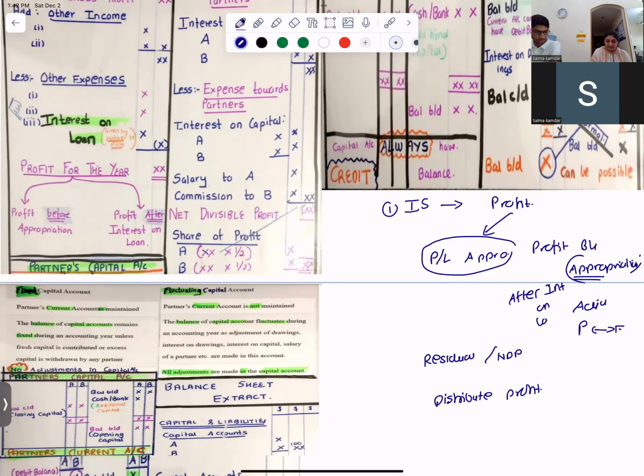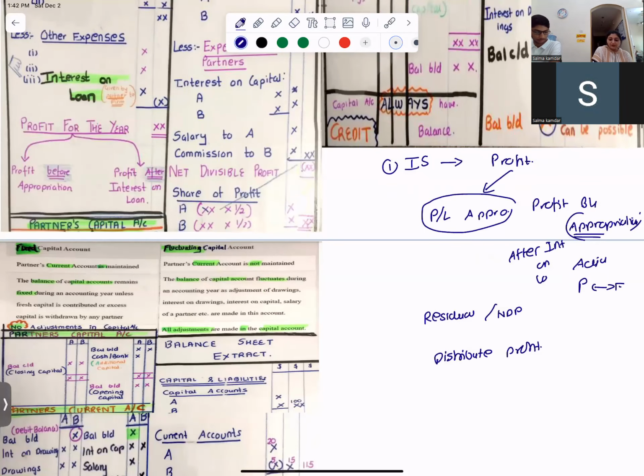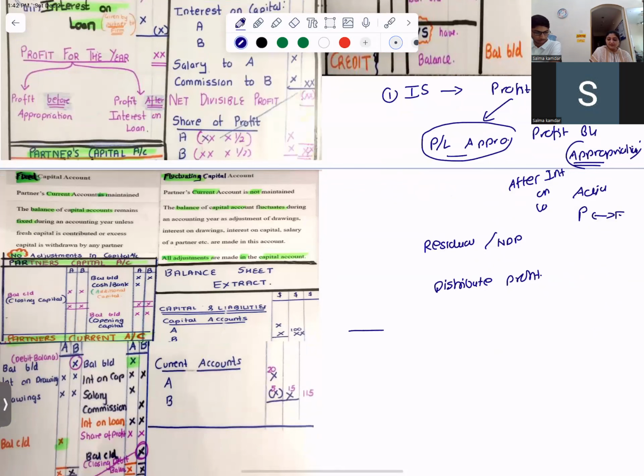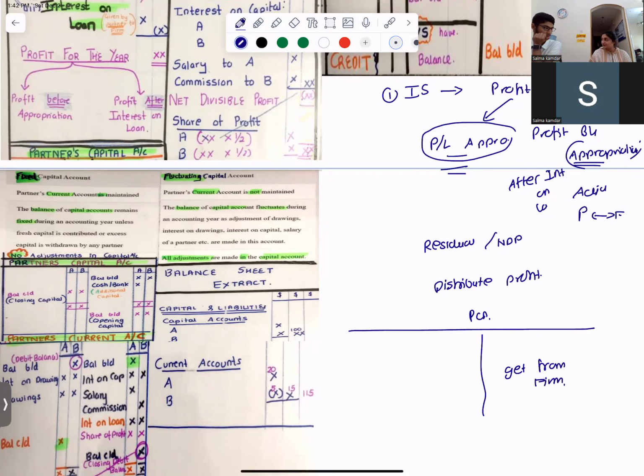Now let's see. You prepare the profit and loss appropriation account and the partners' capital account together. Whatever the partner will get from the firm will come on the credit side of the partners' capital account.